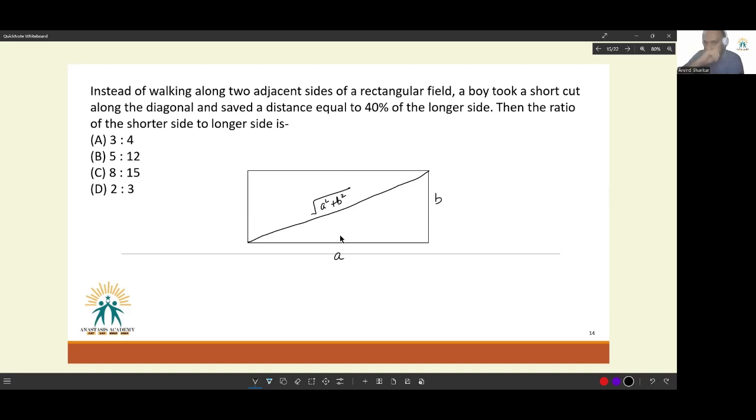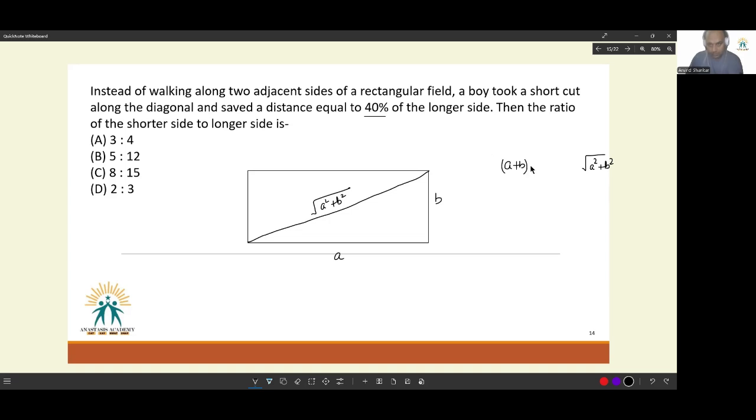If he had traveled along the edges, he would have traveled A plus B. But because he traveled along the diagonal, he traveled under root A square plus B square, and he managed to save a distance equal to 40% of the longer side.